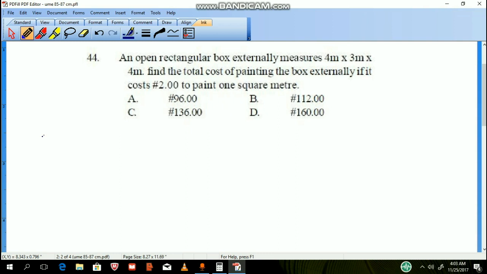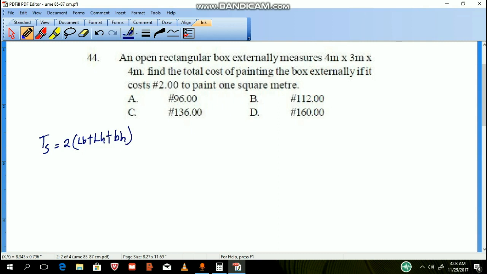What is the total surface area? The total surface area for a box, a cuboid, because it's a cuboid, is 2 brackets LB plus LH plus BH. This is the formula.